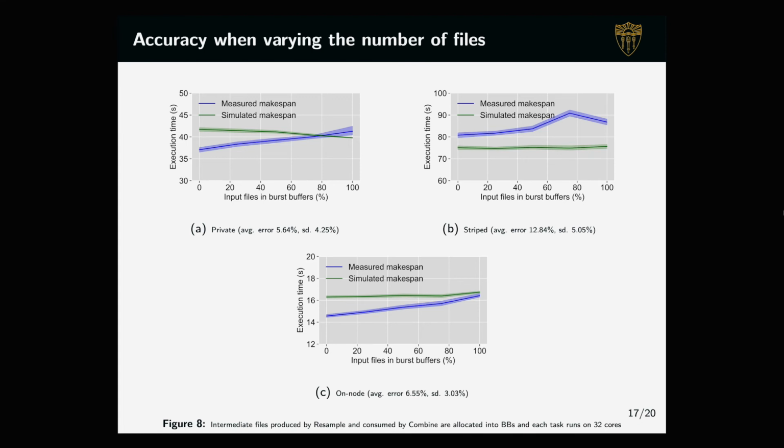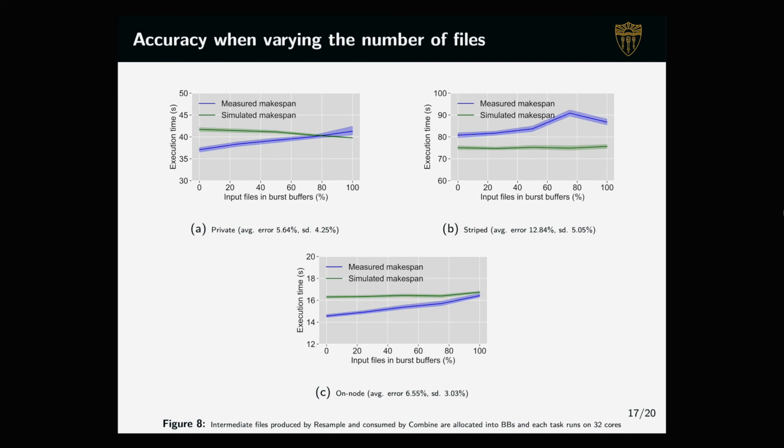We can see that for private and unknown mode, the average error is around 5-6%, and the standard deviation is around 3 to 4%, which is very good. However, for the striped case, we have a higher average error, about 13%, and a higher standard deviation, about 5%. We can explain this as follows: as I said before, the striped mode incurs more variability and less stability.